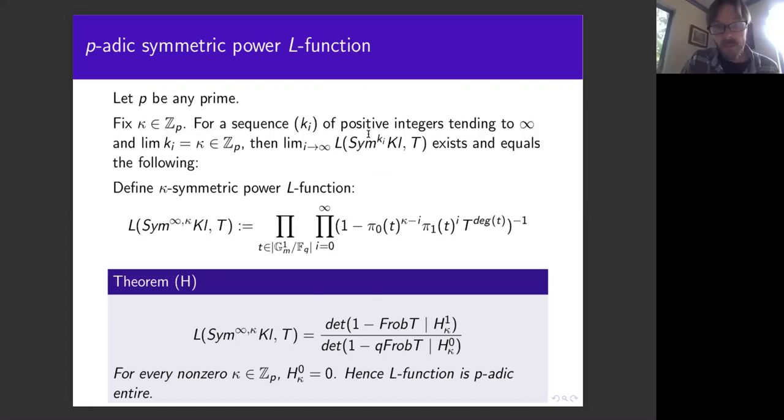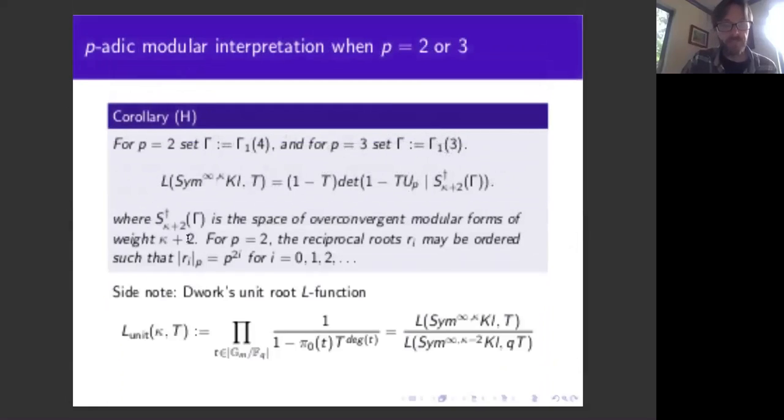Right. So we can apply this theory to the previous case, the Kloosterman family, when p is equal to 2 or 3.